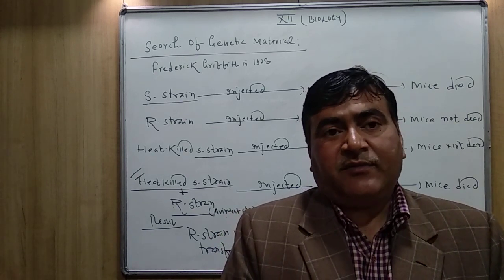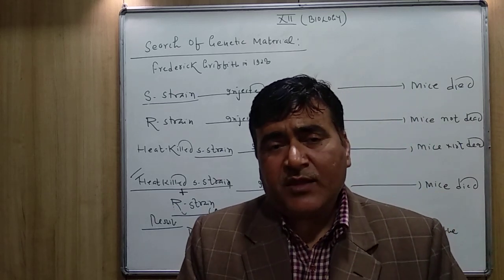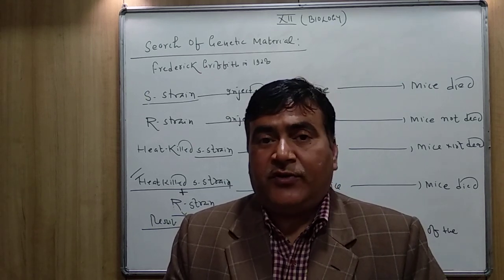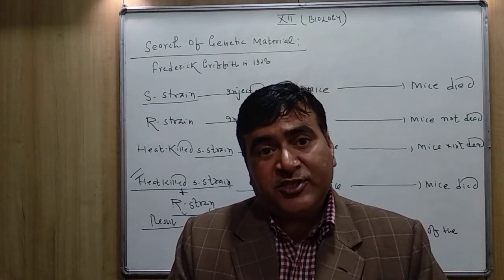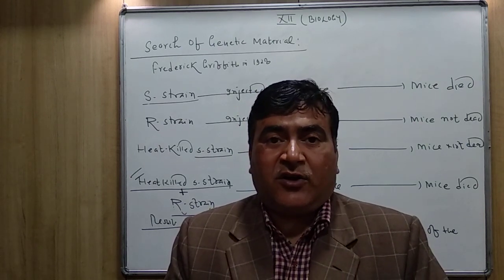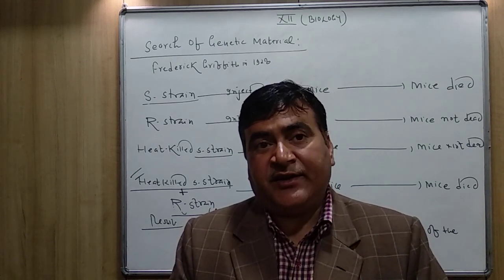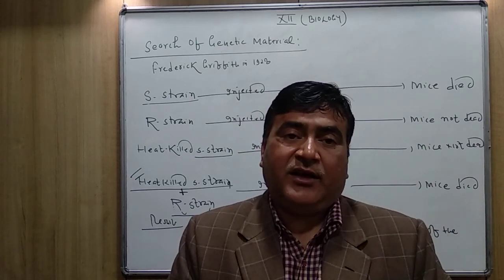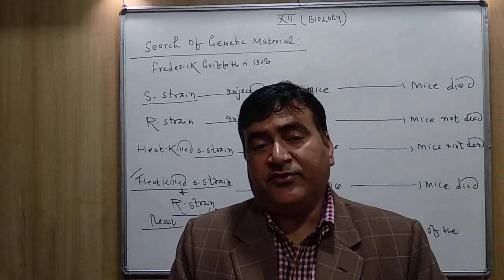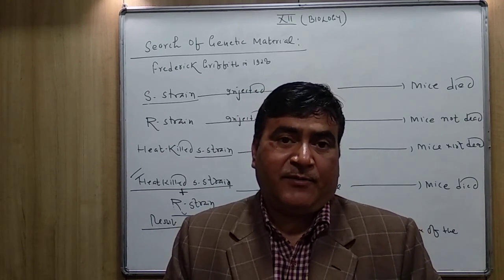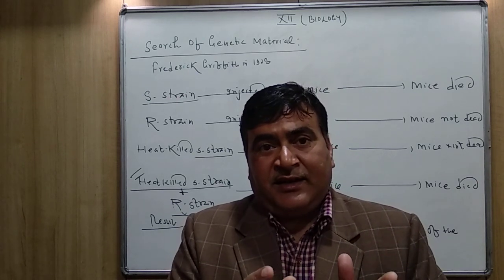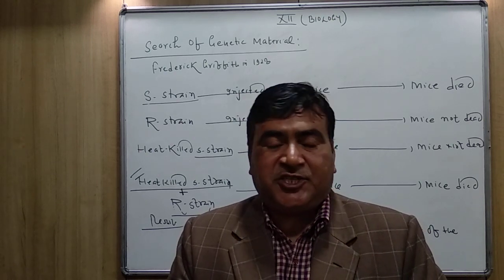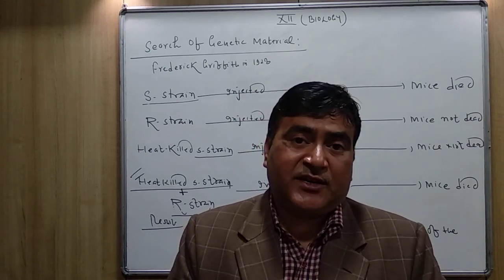So the colony having the mucopolysaccharide layer is called the S strain, smooth strain, and the colonies having a rough surface, which don't have the mucopolysaccharide layer above the cell wall, he called the R strain. It means the S and R strains are both strains of Streptococcus pneumoniae.